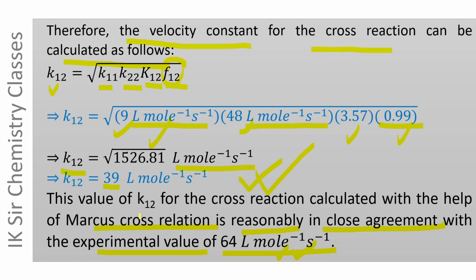But the value calculated with the help of the Marcus modified equation, Marcus cross relation, has been found to be 39 liter per mole per second, and these two values are not widely different.